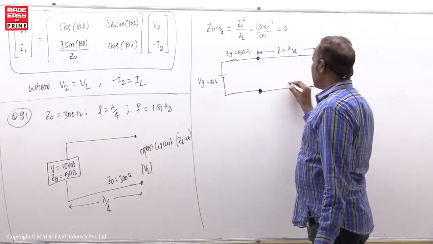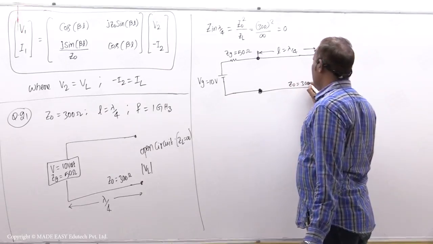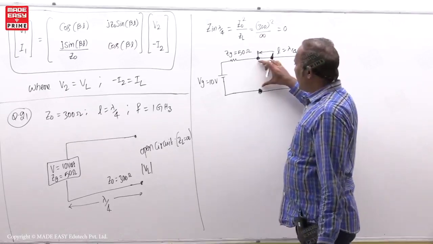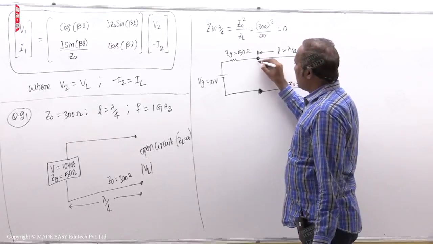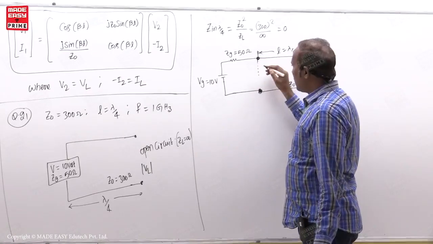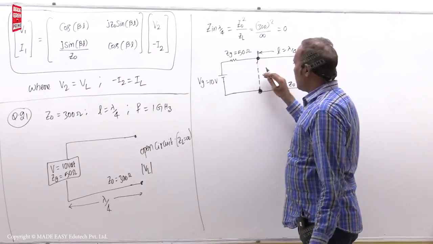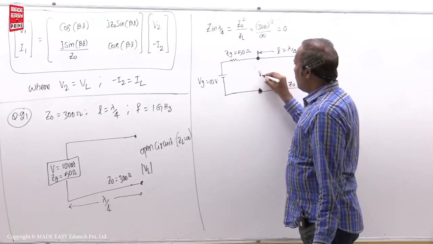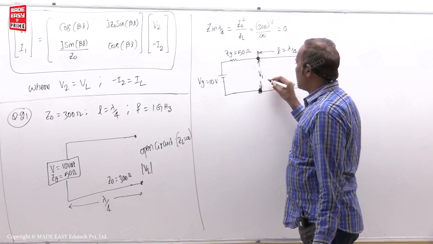Already you know that. So ZL is equal to 300. Now, it is short circuited here. This is actually V1, students, the voltage here.